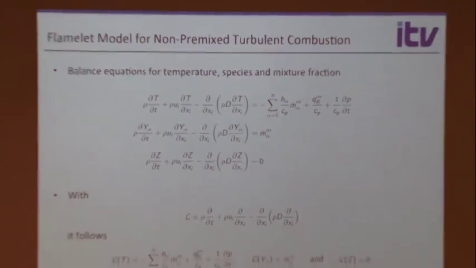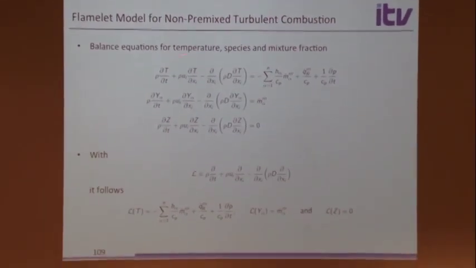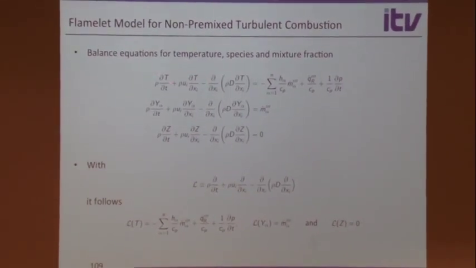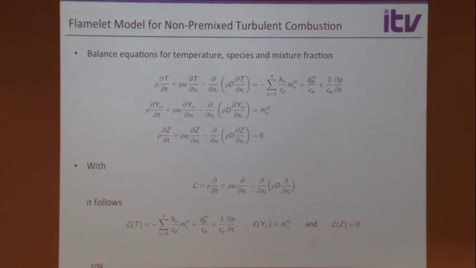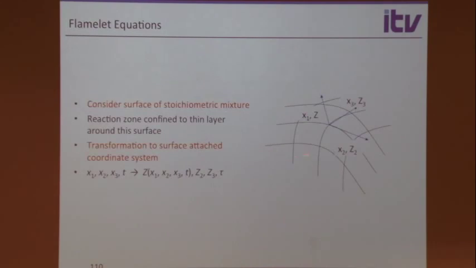Then again, this is just a repetition of what we did last time. We take the governing equations here for temperature, mass fraction, and mixture fraction, and then we do this transformation. We take the physical coordinates.